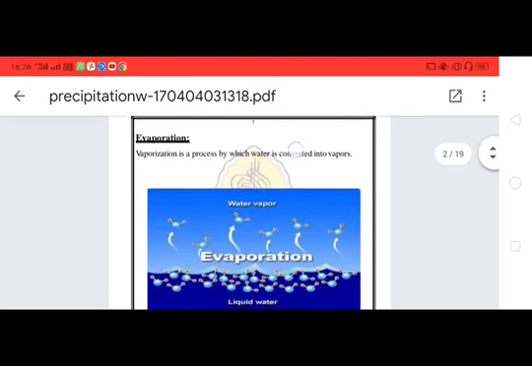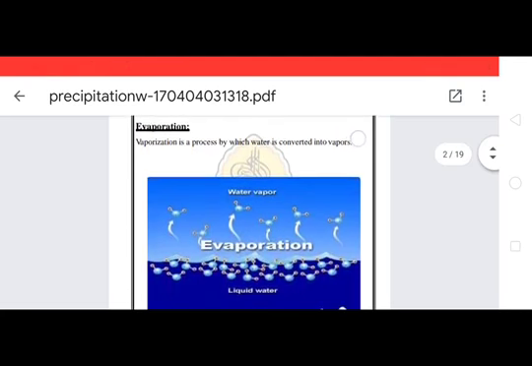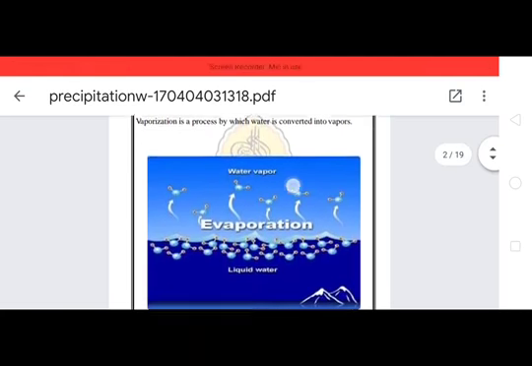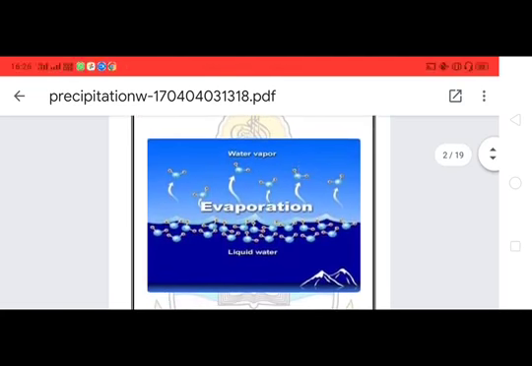Okay, so what is evaporation? Vaporization is a process by which water is converted into vapor. As you can see from the picture, the water surface contains particles of water which convert into water vapor under the influence of sunlight.